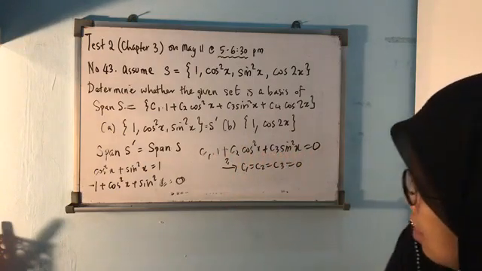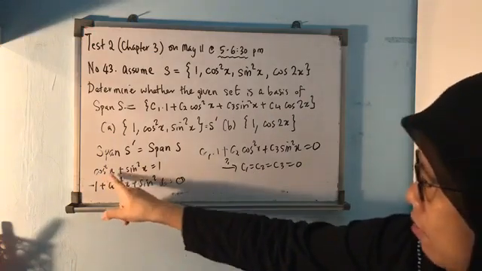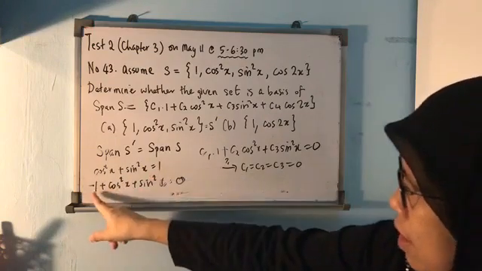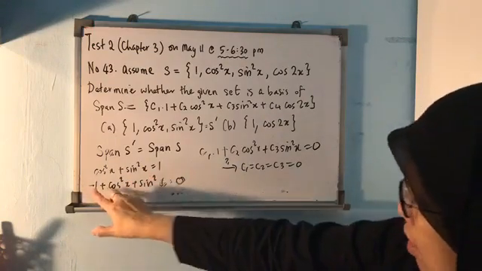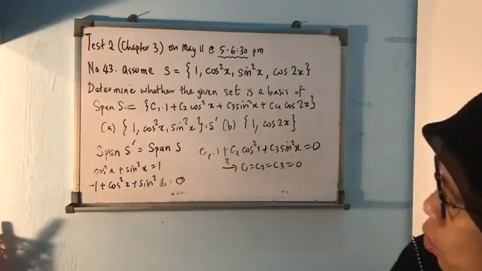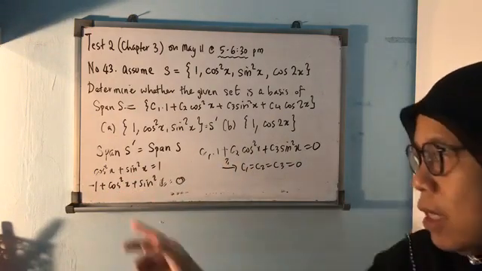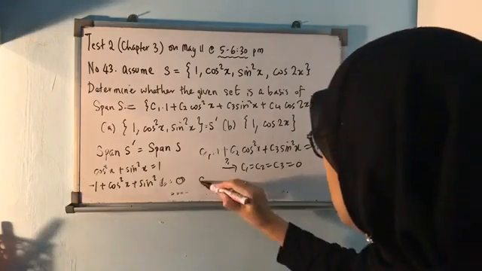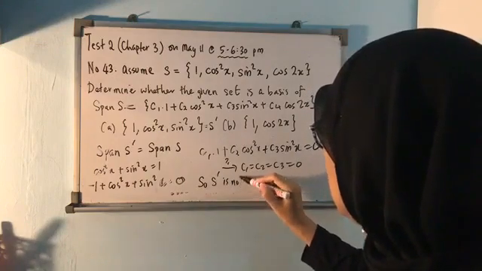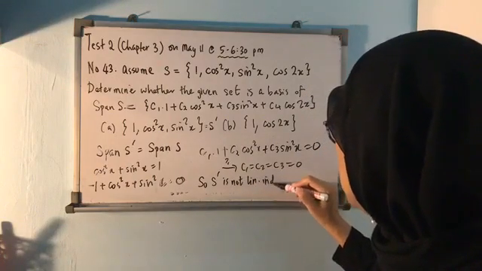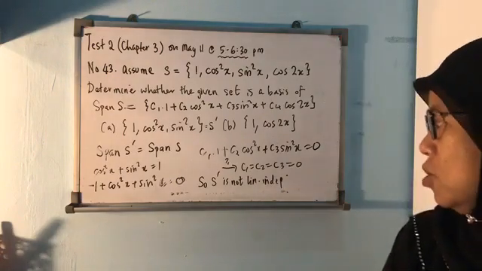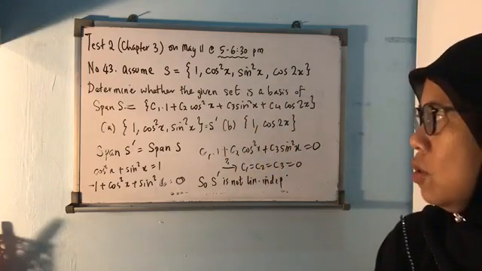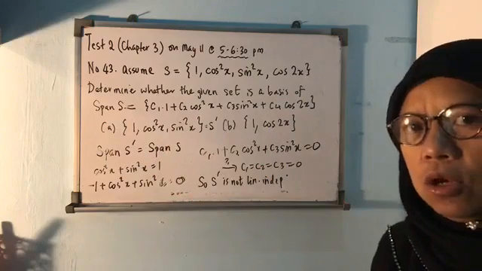Does it mean all Ci are 0? But you already have this formula, and you bring 1 to the other side. So C1 is negative 1, C2 is 1, C3 is 1. They are not all 0, but the linear combination is equal to 0. So S prime is not linearly independent. Since this is not linearly independent, it is not a basis. It spans S, but it is not a basis.